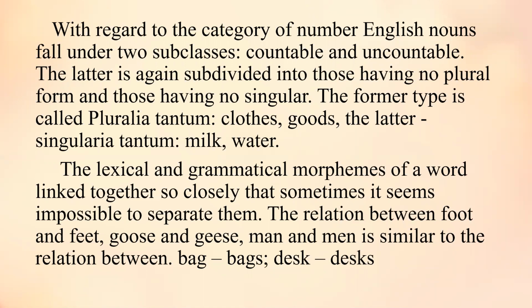The lexical and grammatical morphemes of a word link together so closely that sometimes it seems impossible to separate them. The relation between food and feed, goose and geese, man and men is similar to the relation between bags, desks, etc.